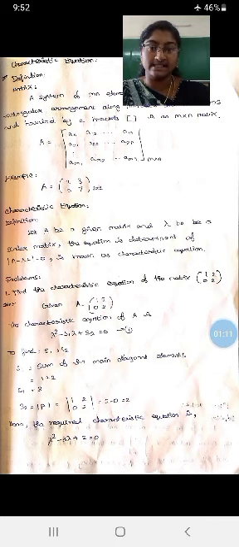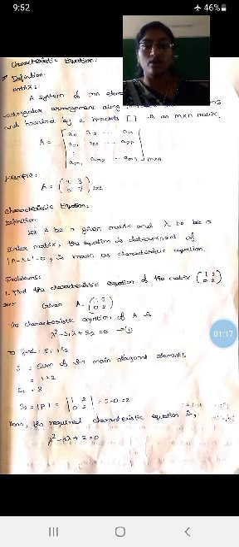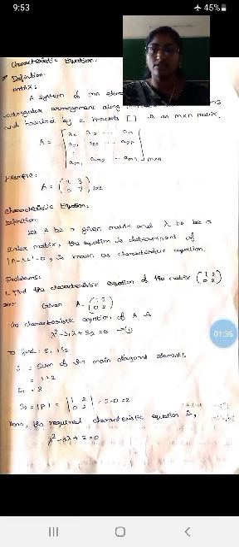A matrix is denoted as A with entries a11, a12, up to a1n. Here a11 denotes first row, first column, and a12 means first row, second column, and so on, up to am1, am2, up to amn. See the example given here: A equals 2, 3, 5, 7, which is a 2 by 2 matrix.